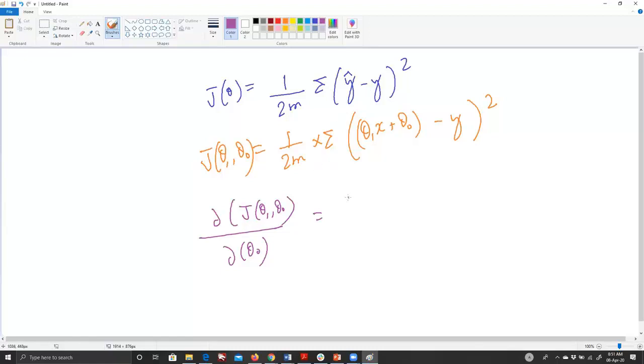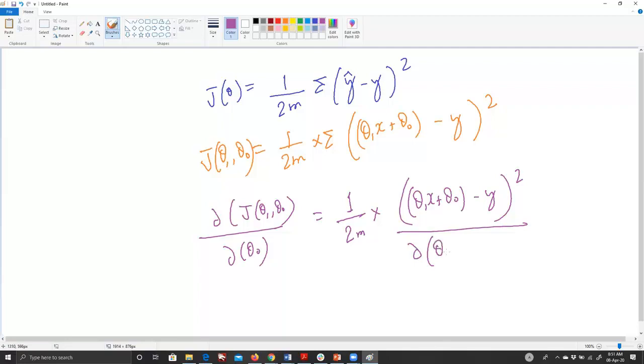1 by 2m is out. Let's go step by step. You don't have to differentiate this. Now this squared part has to be differentiated. The first differentiation would be in terms of theta naught.